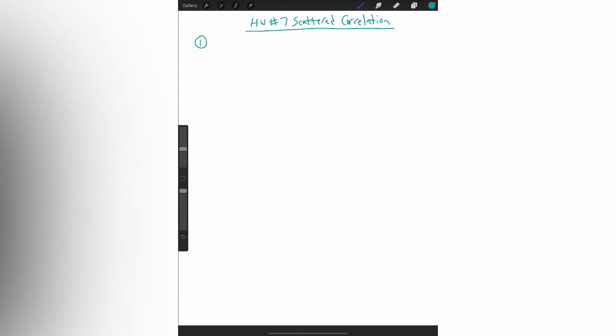It says average temperatures and electricity costs, and it lists all 12 months, the average temperature, and then the electricity bill. So what we're trying to see is, depending on the month, whatever the average temperature is of that month, does that have any sort of effect on the electricity bill?